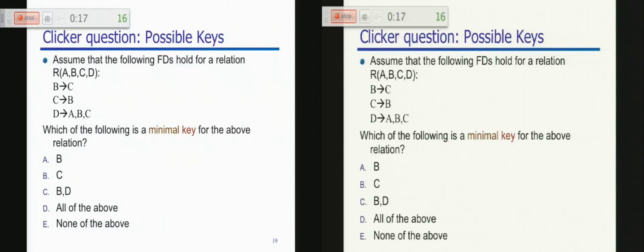No, it wouldn't be a minimal. I guess so. Yeah.